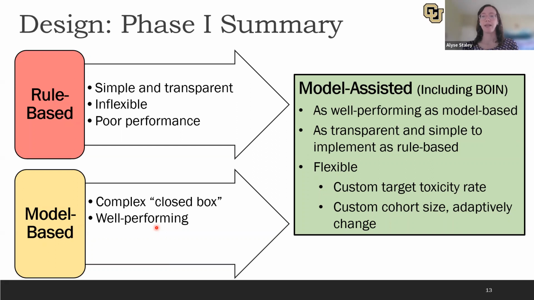So it's been met with resistance from PIs due to its closed box type approach. And finally, there's the model-assisted designs, including BOIN, that take the advantages of both the rule-based and model-based designs while eliminating many of their shortcomings. BOIN is implemented very similarly to the 3+3 design while allowing for a lot more flexibility and higher precision.